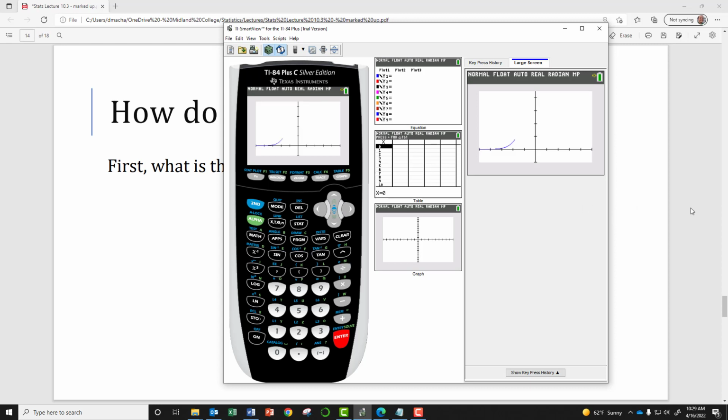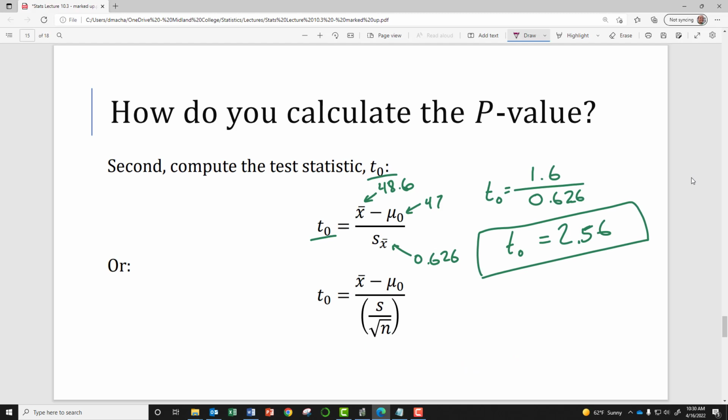And here, the calculator is drawing a t-distribution, and just a little bit it highlights in blue over here. That area under the curve highlighted in blue represents my p-value. Remember, that's the probability of making a type 1 error. And you can see it's so tiny out there to the right. It's only 0.0097.